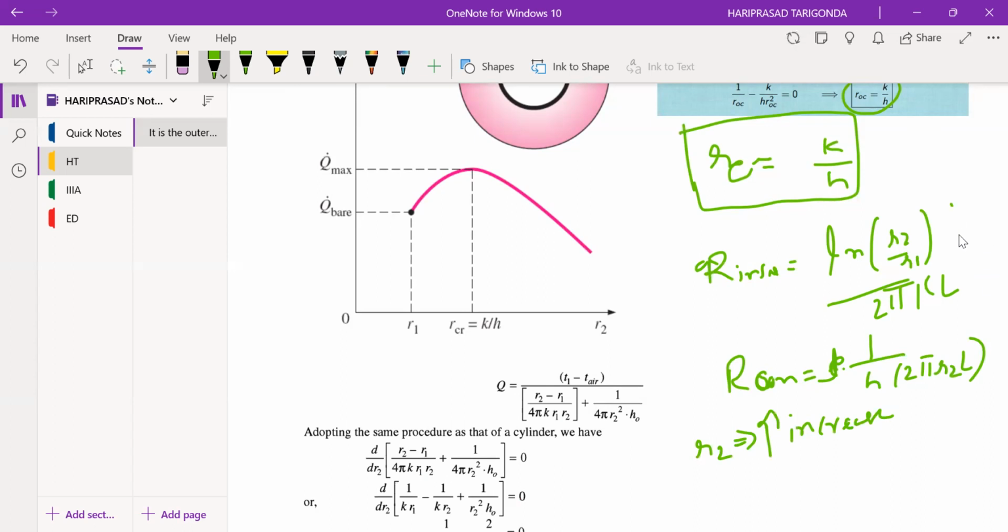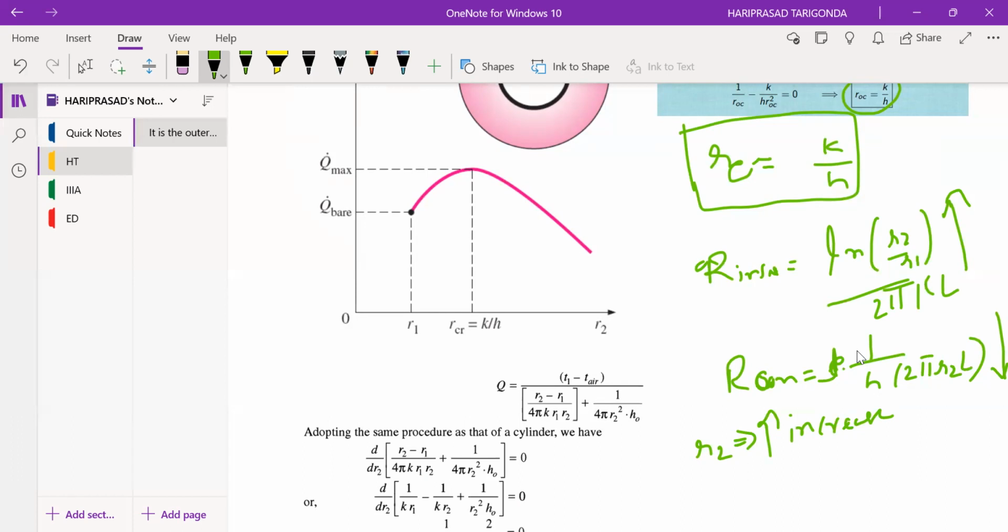When you keep on providing insulation, R insulation will be increasing, and this R convection will be decreasing. Initially, R convection decreases faster than R insulation increases.